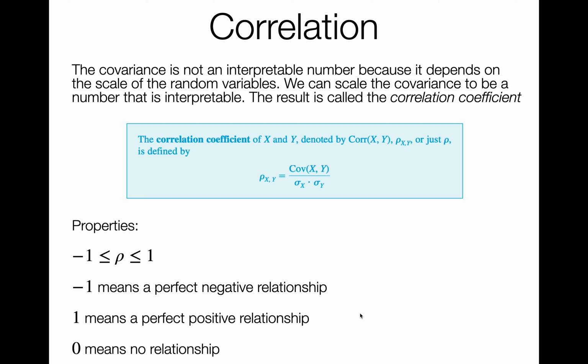You can think of scaling as the z-scores that we've worked with not too long ago. They were, in a sense, scaling numbers down to a certain normal distribution. So we're doing the same sort of thing here. And so when we do that, when we scale the covariance, we're going to get something called the correlation coefficient.